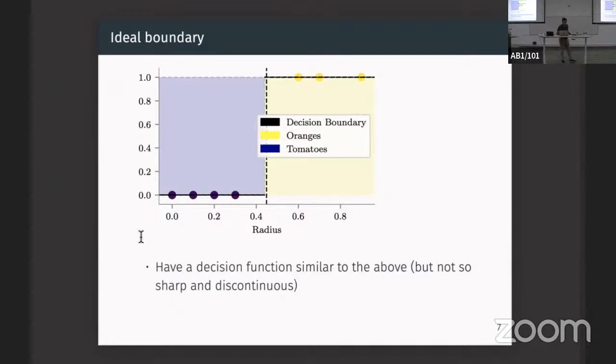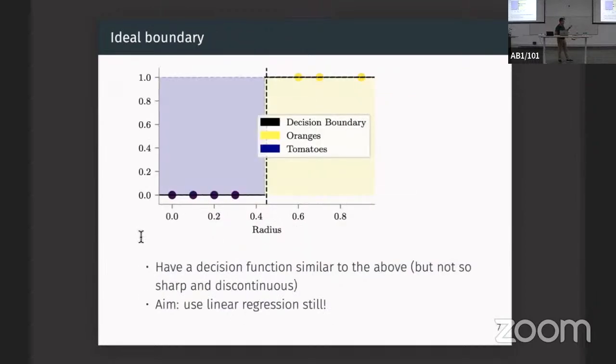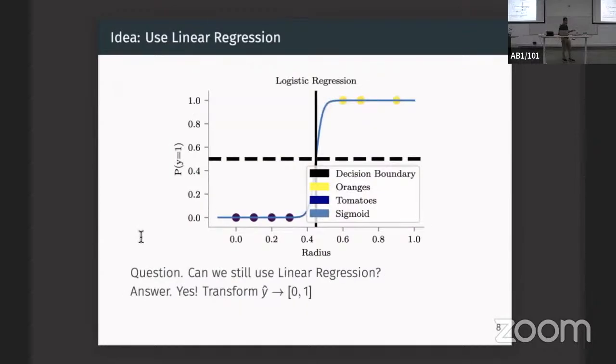We're not covering decision trees here. So therefore, we end up transforming the y hat that we get from linear regression to something which is between 0 and 1. We want it to look something like this, right? Which basically says that for radius greater than 0.5, it's an orange. For radius less than 0.5, it's a tomato. We want to get something similar to this, but still use linear regression.